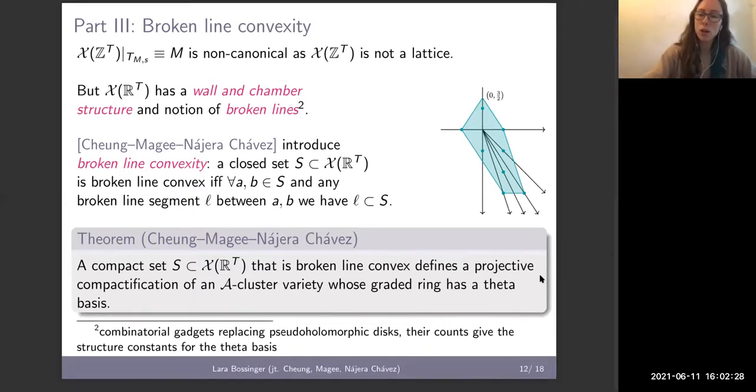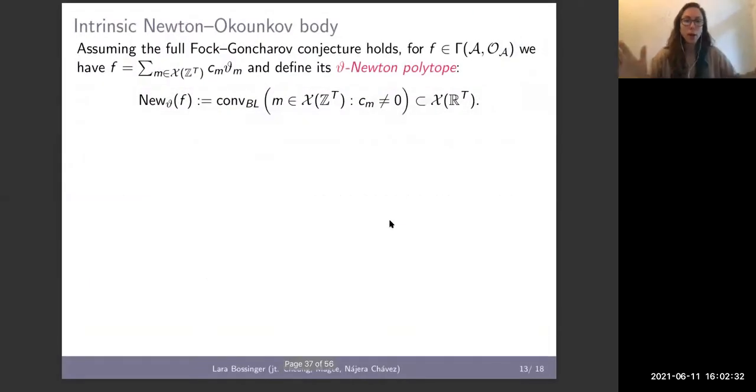Okay, so given this notion of convexity, we are now free to start with the construction of the intrinsic Newton-Okounkov bodies. Again, I will assume that all my conjectures hold. I really need the theta basis to be a basis for regular functions. If I'm in that setting, then I can write any regular function simply as a combination of theta functions.